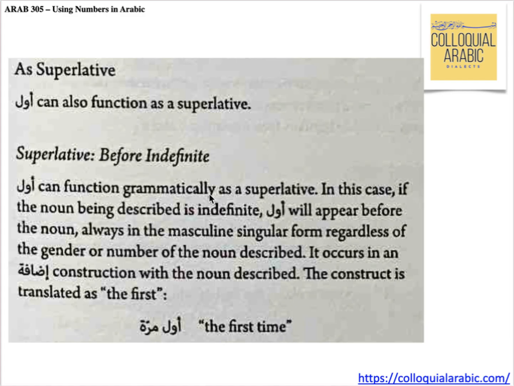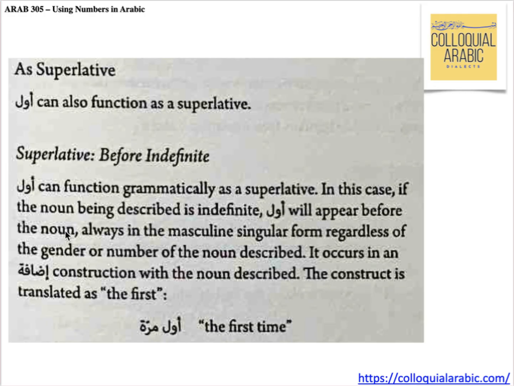Awwal can function grammatically as a superlative. In this case, if the noun being described is indefinite, awwal appears before the noun, always in the masculine singular form, regardless of the gender or number of the noun being described. There are quite stringent rules here.